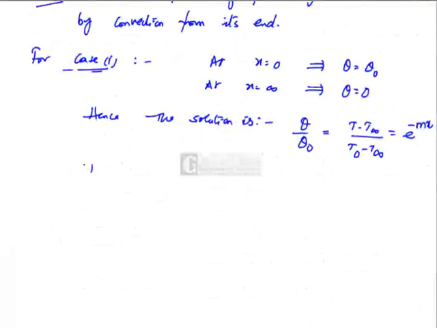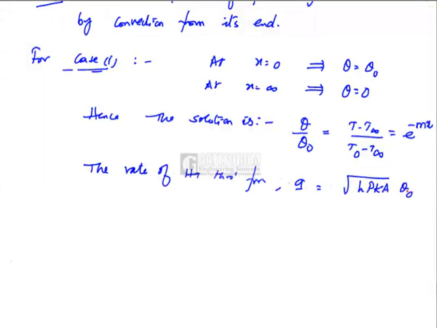And the rate of heat transfer through the fin in such case is Q is equal to square root of hPkA into theta naught, that is square root of hPkA into T naught minus T infinity. This is the rate of heat transfer through the fin for case 1, that is, the fin is very long.